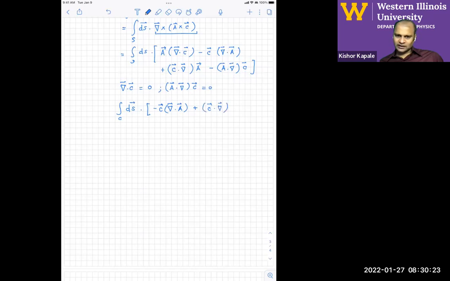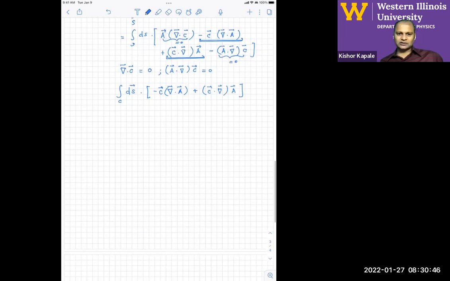C dotted with the gradient and multiplied by A. So which terms survive? This term is equal to 0, and that term is equal to 0. So you only have this term survive and that term survive. And that's all that I have done. I've just collected those two and written them down.